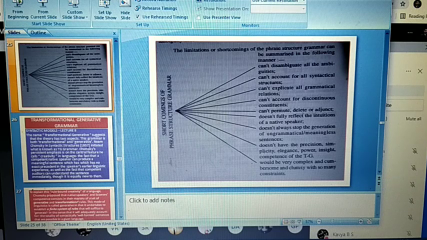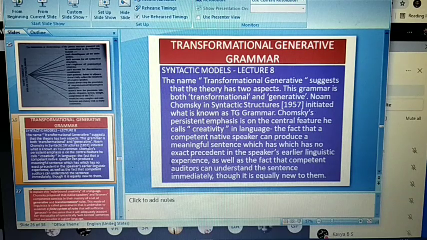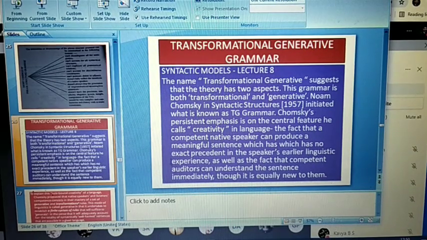There was, of course, a new method developed for syntactic analysis, and that is what is known as transformational generative grammar. Okay, so when you study this, you have to remember, in your linguistics, you studied language, and you studied a lot of, I think you have to study 10 definitions of language. And here you have the definition of language by Chomsky.